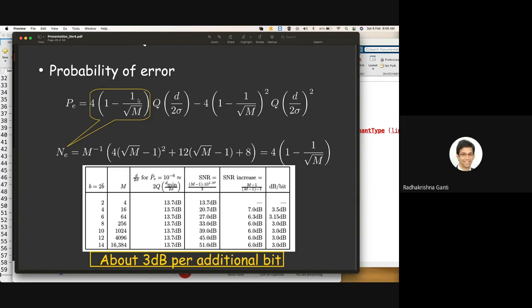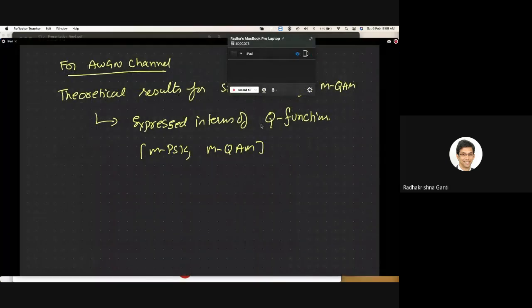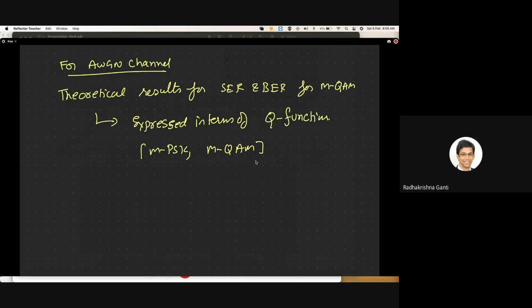We will have a better way of doing this using simulations, which I will explain in a little while. But what I want to emphasize is that there are theoretical expressions for the bit error rate of MQAM, and MPSK is also there. For some specific constellations, there are lots of nice theoretical expressions for the bit error rate and the symbol error rate. But I want to understand how we generate this using simulations.